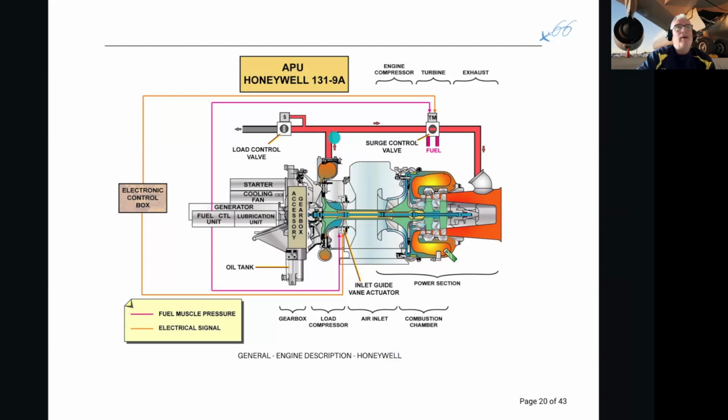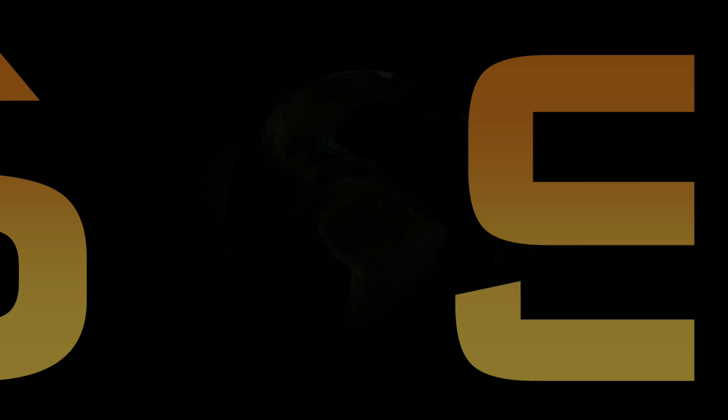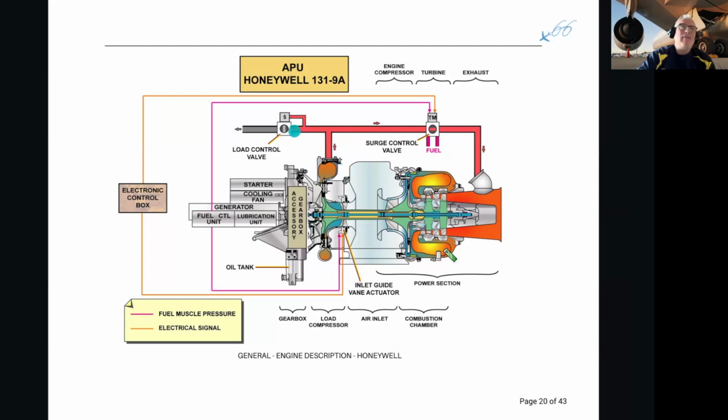The main difference is on the bleed side of it, we have a load control valve and the surge control valve. So it's a bleed valve with a surge function. Remember we said when we're going to start the engines, we need around about 35 psi. So the function of this is such that the air comes out here, the hot air, and let's say 40 psi is coming out.